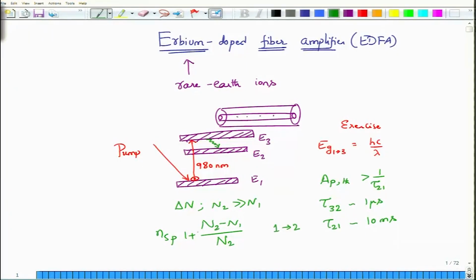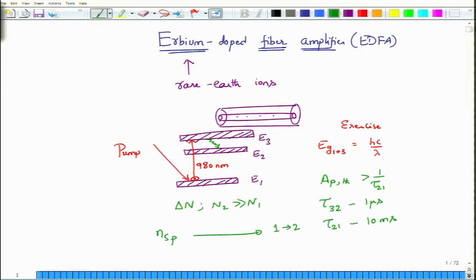Usually I think this definition of NSP is wrong, but it does not really matter to us. You just assume that the fraction of the filling can go from 1 to 2. 2 indicates complete inversion, 1 indicates no inversion. So that is how this particular inversion is characterized. You understand that this has to be inverted, but not completely inverted, so there are some atoms that remain in the ground level. So this is the 980 nanometer pump, which takes the atoms from E1 to E3, where they quickly relax onto E2.